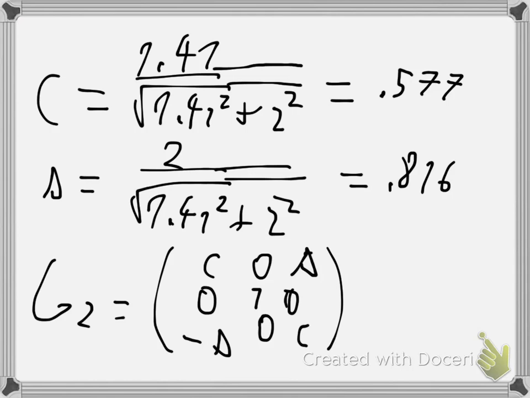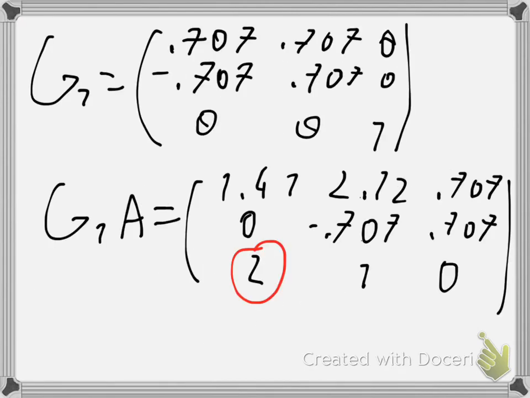Okay, and so if we apply that to our result, let's call this result A1 because it's the first result, the first given rotation. So if we apply G2 to our first result A1, we will get this matrix here.